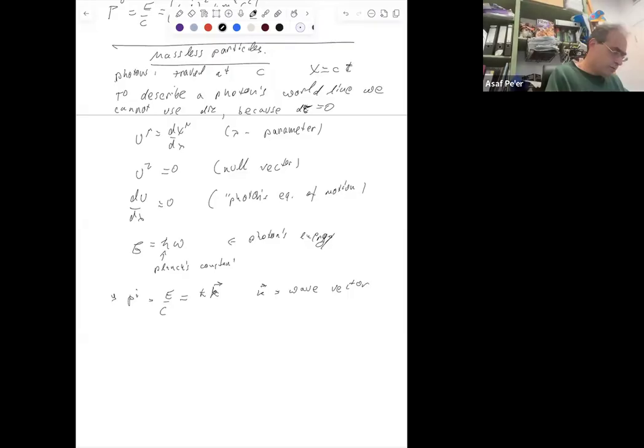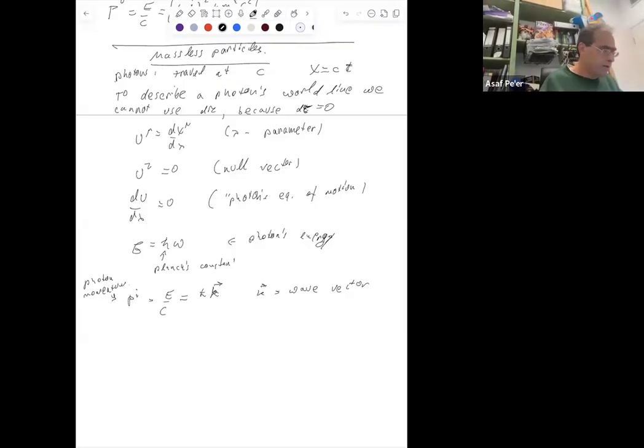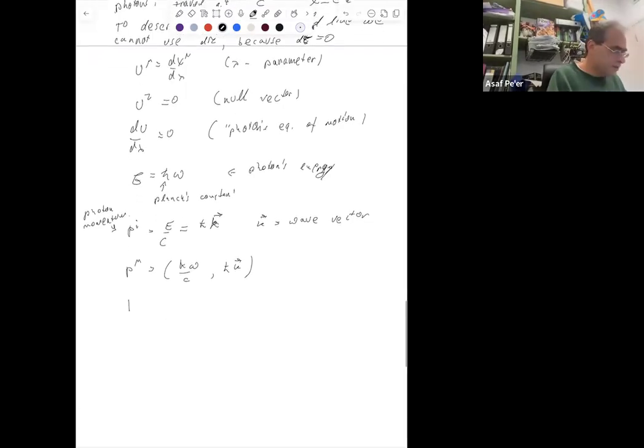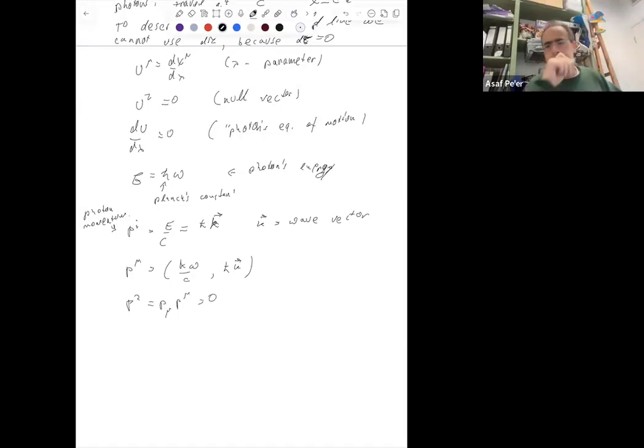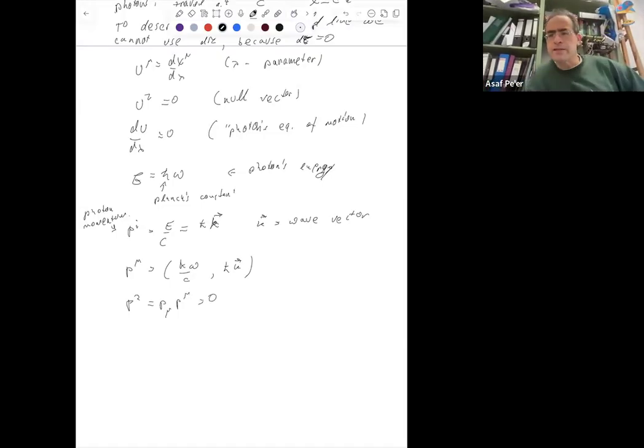So overall, we have P mu is just h bar omega over c and h bar k. And P squared is equal to 0. That's nice and easy.